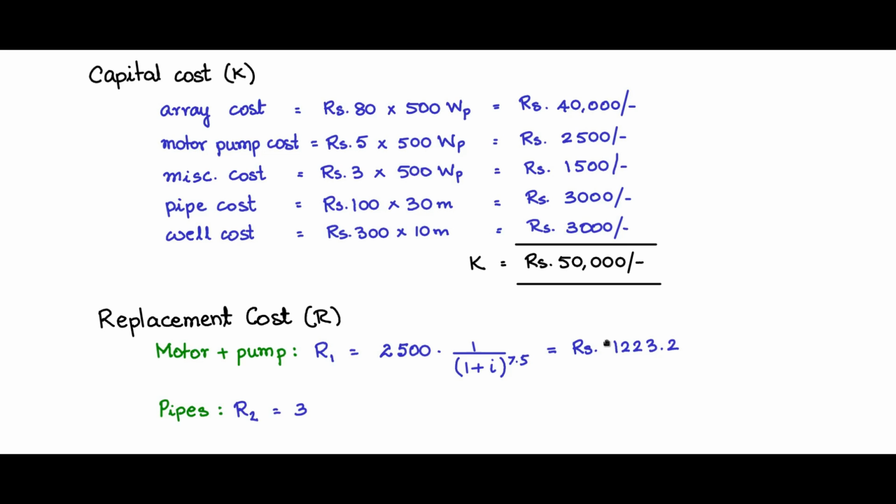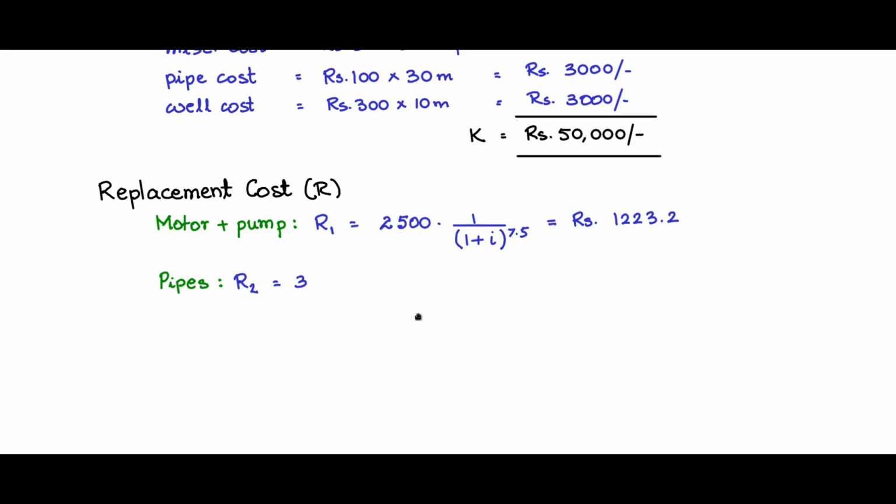Then pipes replacement, we need to do 2 replacement, one at the 5th year and the other in the 10th year. So we know that the pipe cost is 3,000 rupees. So let us 3,000 by 1 plus I to the power of 5. So the 5th year replacement reflected back present worth will be 3,000 by this much, plus 3,000 by 1 plus I to the power of 10.